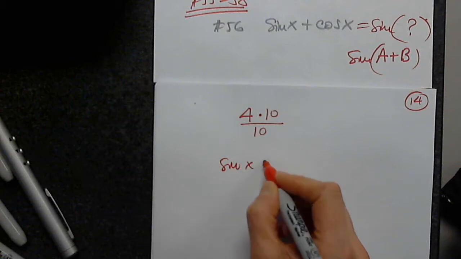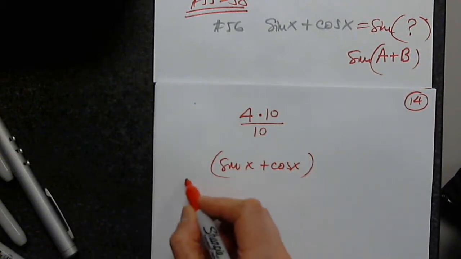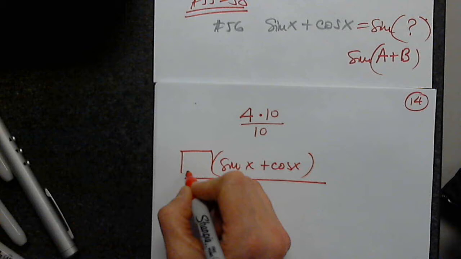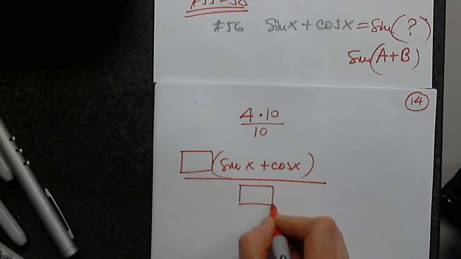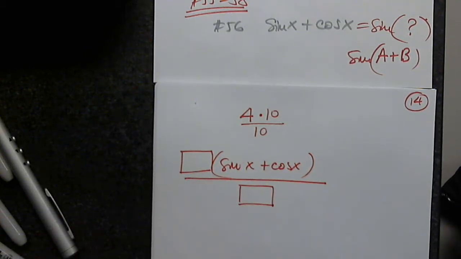So to sine x plus cosine x, I want to multiply it by a quantity and divide it, of course, by the same quantity, because I'm not allowed to change the expression. But the question is, what do I multiply and divide by that is identical, so that eventually I will distribute it in here, and I get sine cosine plus sine cosine to get my sine.